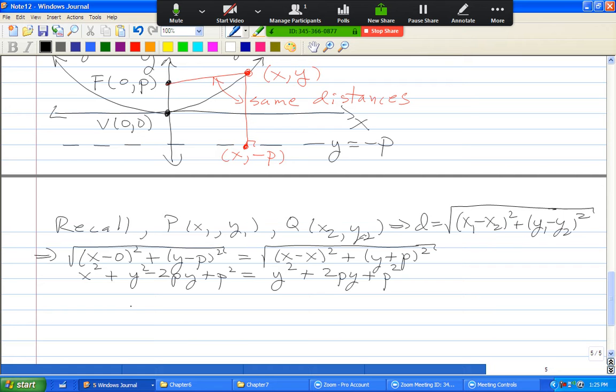Subtract out the y squares, the p squares, add 2py to both sides of your equation, so you get x squared equals 4py. That is the equation of a parabola.